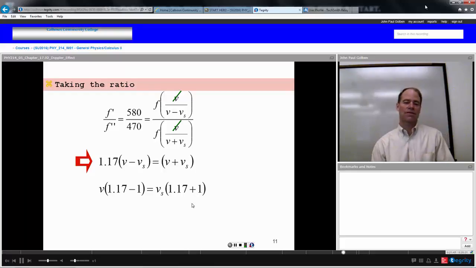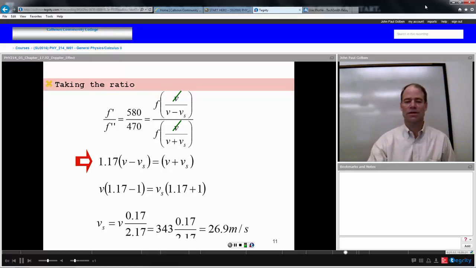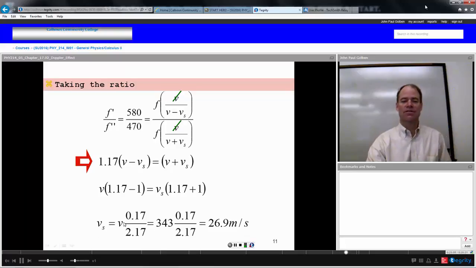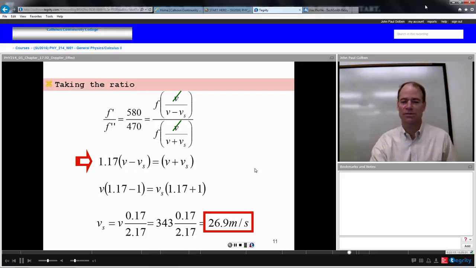So we have the velocity of sound times 1.17 minus 1 is equal to the velocity of the source, 1.17 plus 1. And hence, the velocity of source will be equal to 0.17 over 2.17 times 343, 26.9 meters per second, which would be around 60 miles per hour.